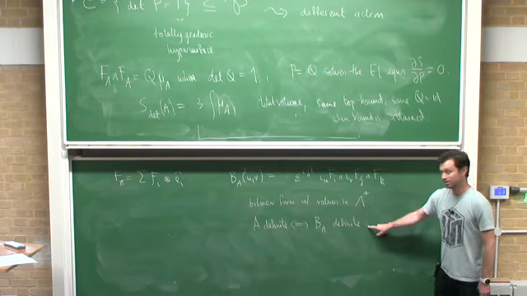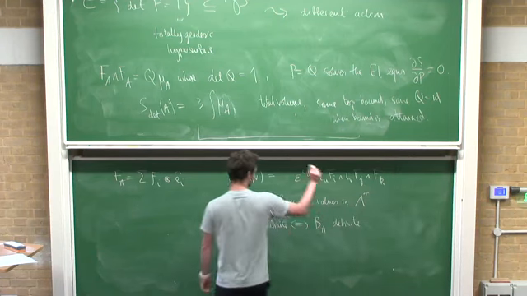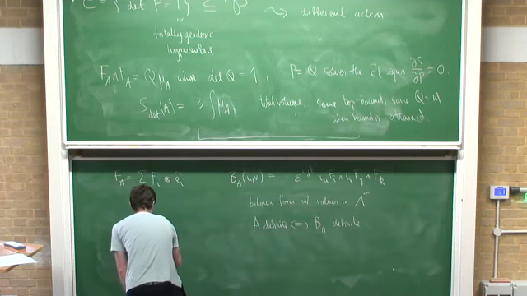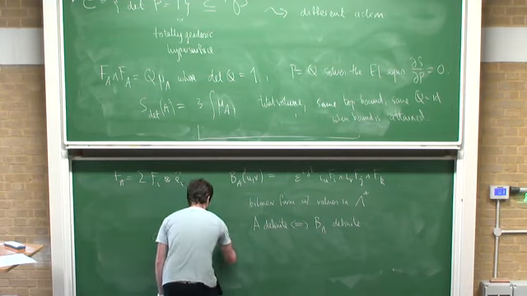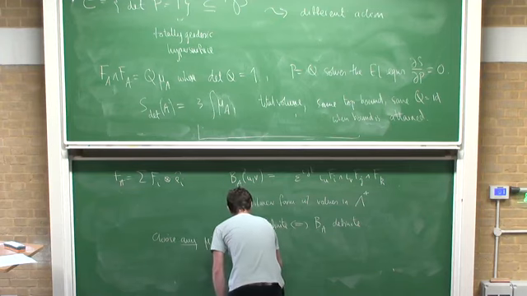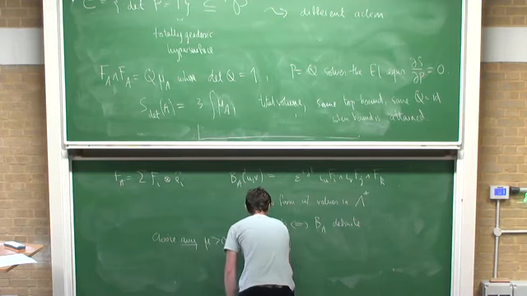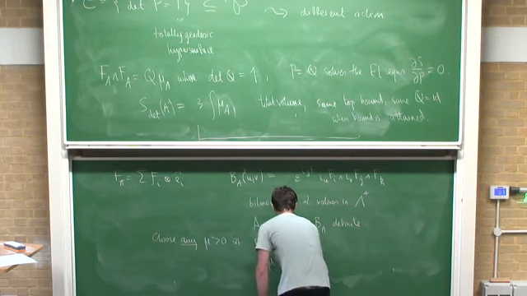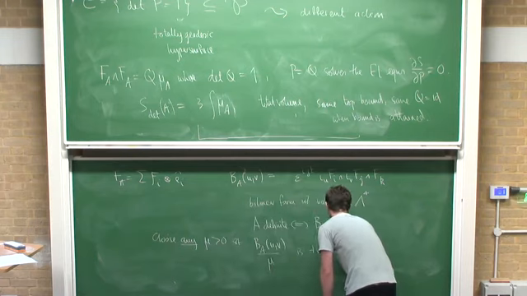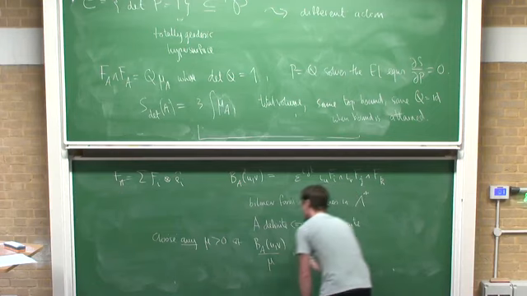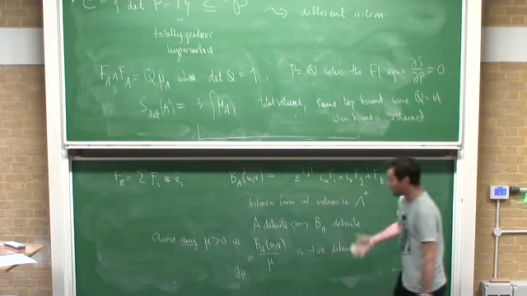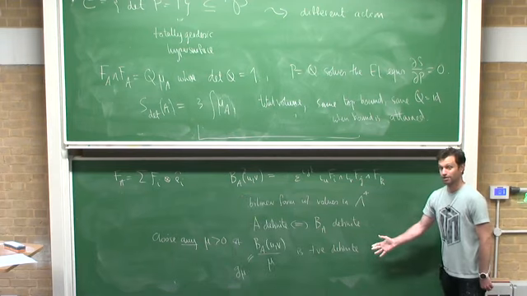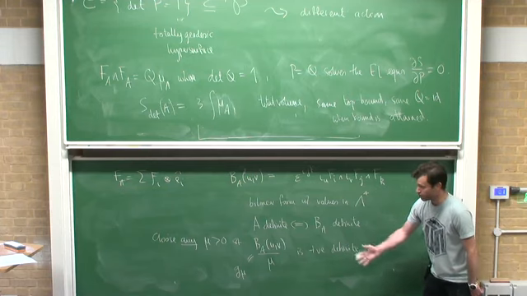Let me just divide by that. So choose any mu such that this bilinear form, B_A(u,v) divided by mu, is positive definite. Let me call this G sub mu. Now I've got a genuine Riemannian metric. That genuine Riemannian metric will have a volume form.